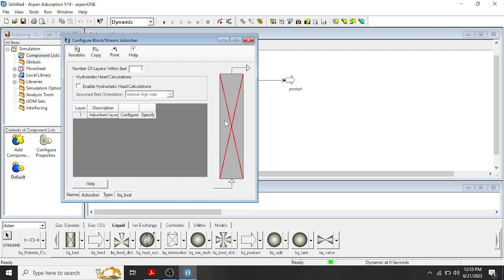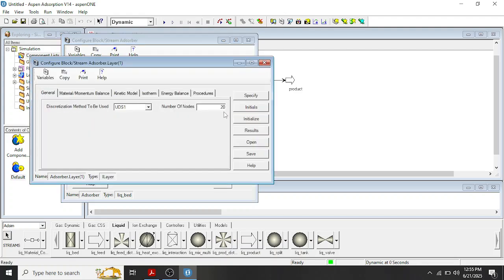The height of the activated carbon in this layer, or the height of the adsorber, is given to us. For the diameter, no value is given in the paper, so I will assume 0.1 meter. So 0.1 meter will be the diameter of this column. This is the inlet flow rate, and this is the outlet from the fixed bed column. Activated carbon is present inside this column.